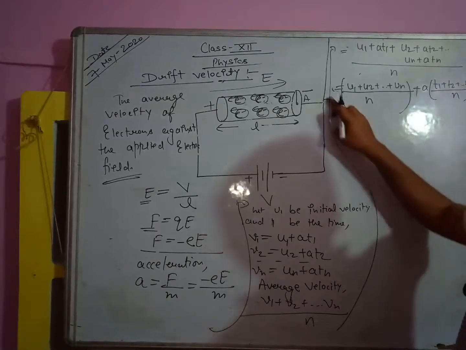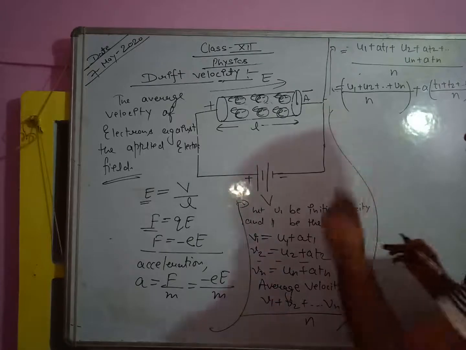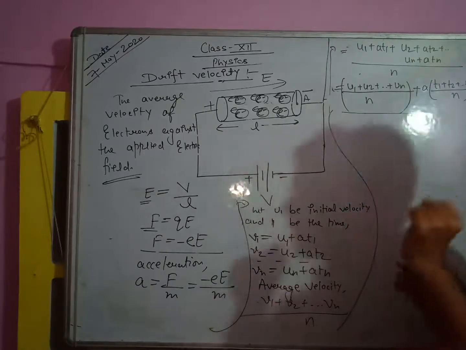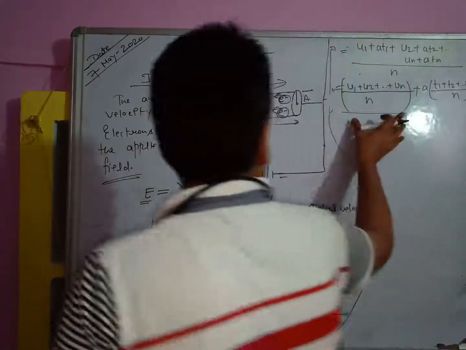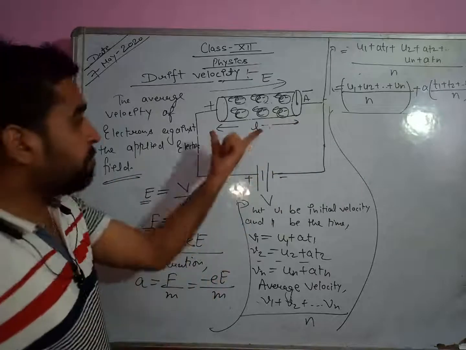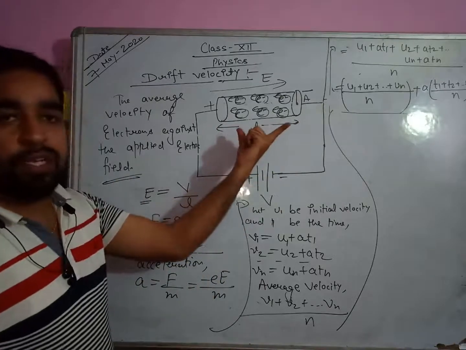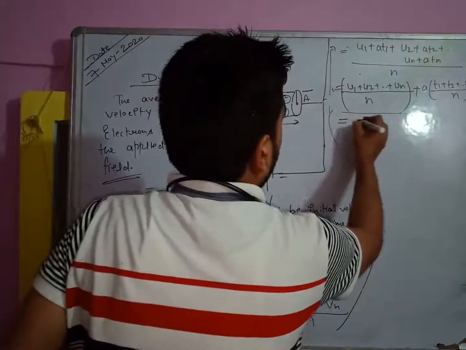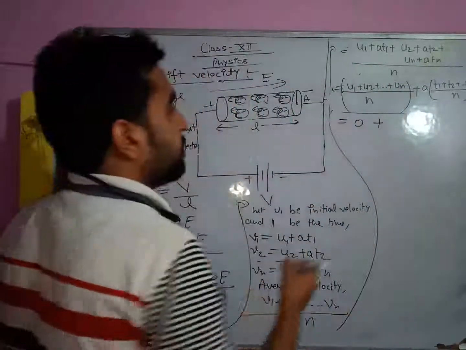Now students, this is the average velocity. Tell me, what is the value of u1 plus u2 and so on up to un divided by n? This is the initial average velocity of the electrons in the absence of field. In the absence of field, as I have told you, the net movement was 0, so the net average velocity will be 0. So this will be 0 plus a.